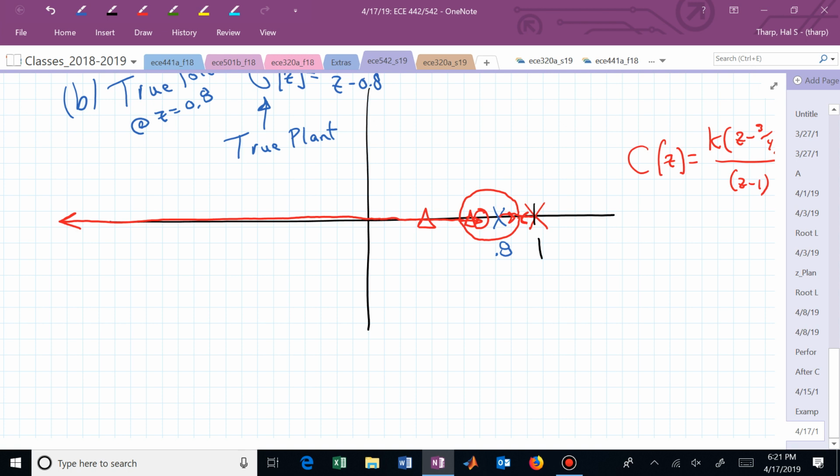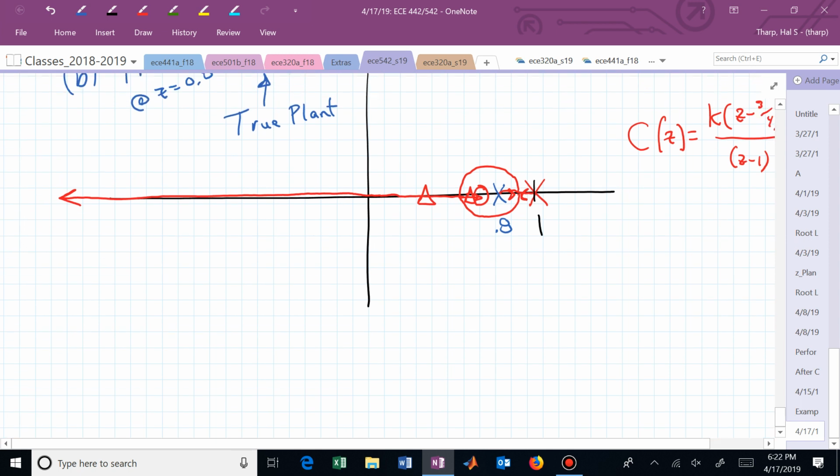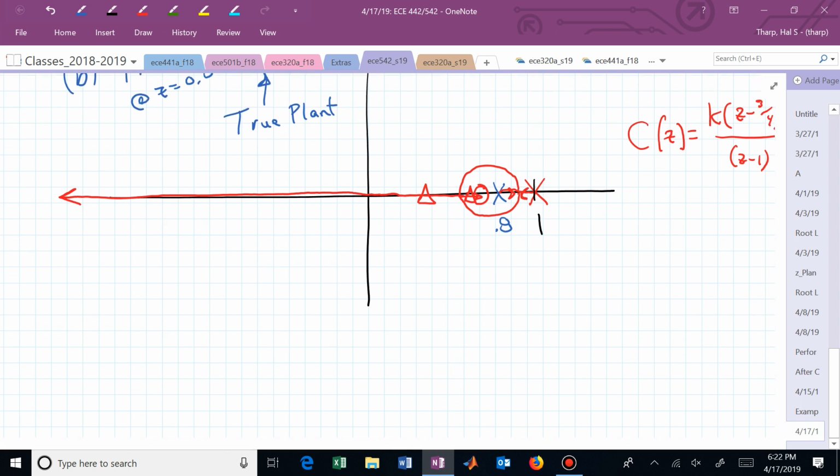Other questions on that? Yes? So the triangles are there just to illustrate where the 2 closed loop poles are possibly at.